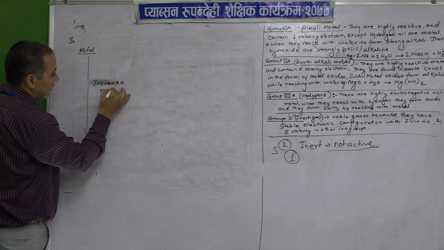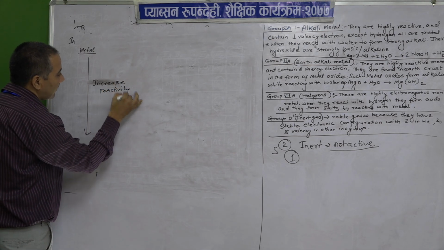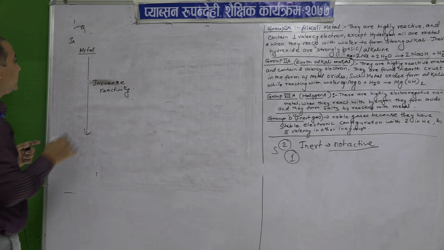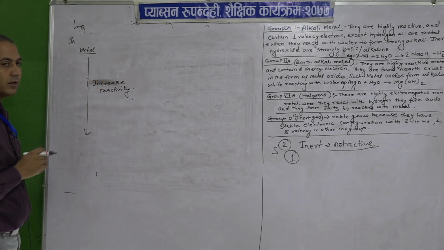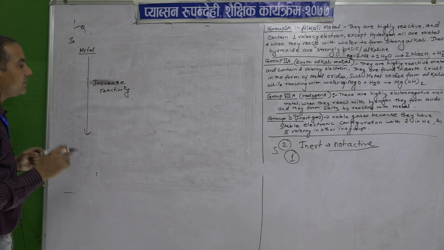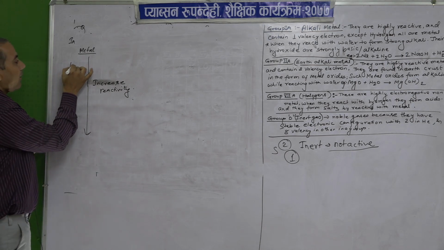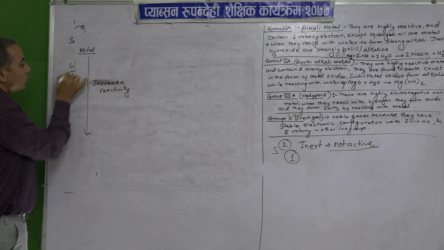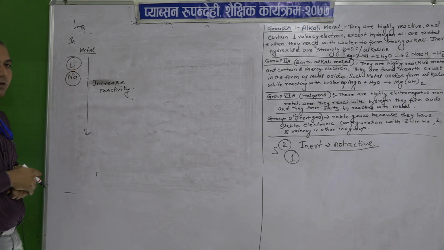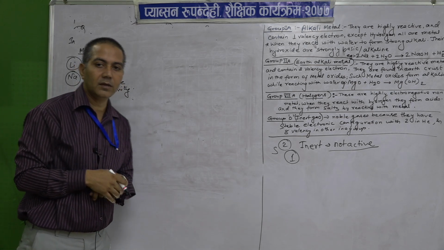That means chemical reactions will increase as we go downward. What is the reason for this increase? Sodium is more reactive than lithium. Why?